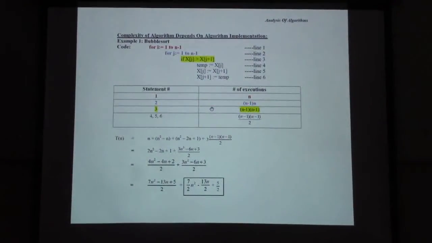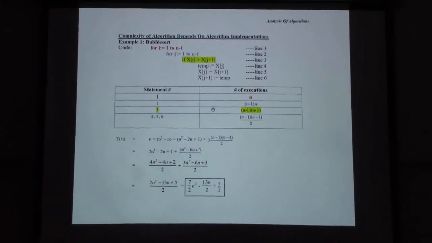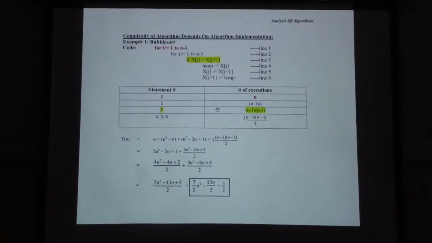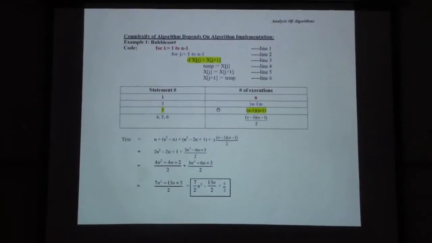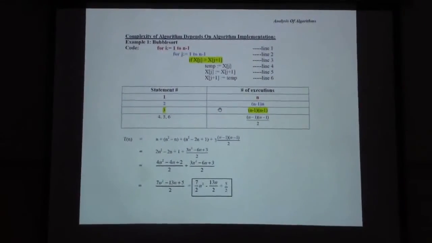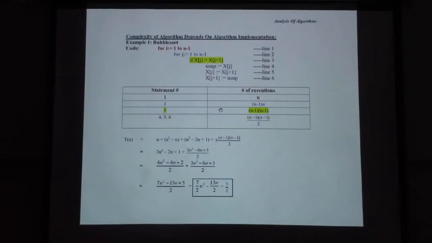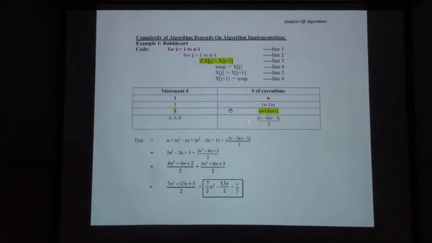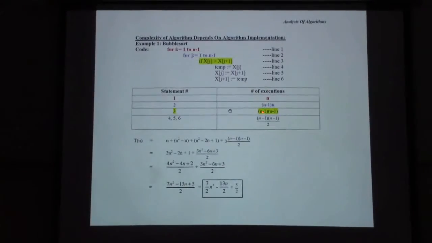It's going to be, in fact, exactly this, minus 1, which is going to be n squared plus n over 2 minus 2 over 2, which is 1. And when I combine that, I'll get an algebraic expression. Statement number 3 is exactly this, which is n minus 1 times n over 2.